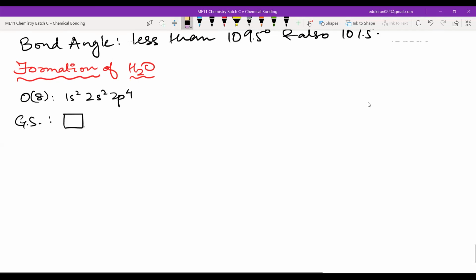Now, let me just write that down. Suppose this is not the formation of H2O. This is the question: determine the hybridization and the shape of H2O.